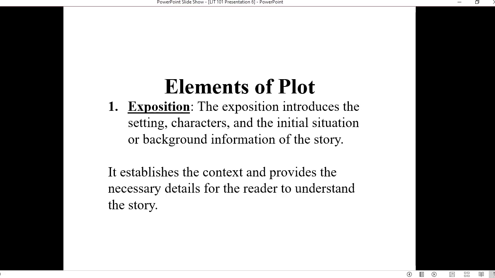When we say exposition, we can break that word down to its verb form, which means expose. You have not read a story before. You have just been given a book to read, a narrative work to read. You have not gone through it, you don't know what is there. So you need to be exposed to what is there.